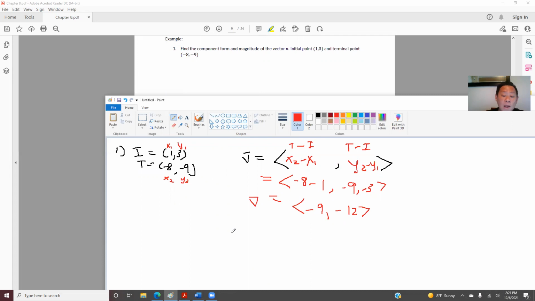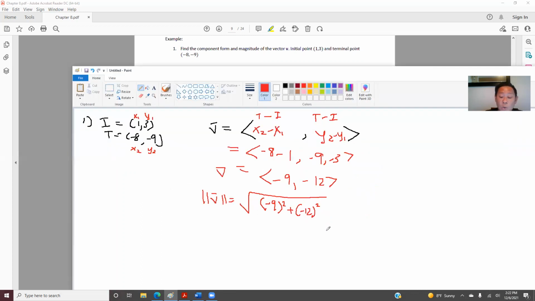The question also wants you to find the magnitude of it. In order for you to find the magnitude, you take the square of the first one plus the square of the second, and then you square root it. The square of the first one is 81. The square of 12 is 144.